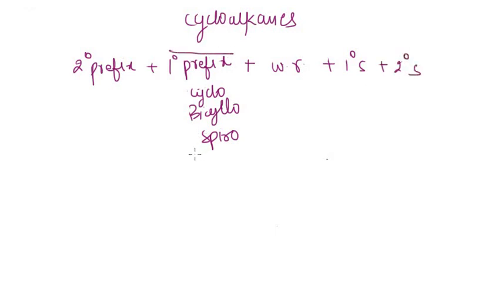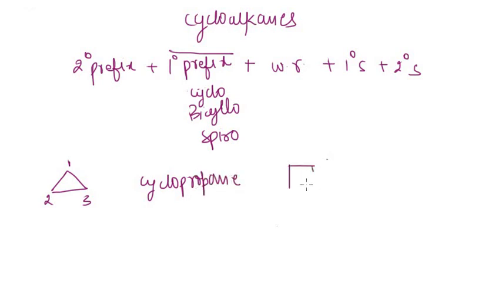Here we use the word cyclo when the chain is non-terminal. It is a non-terminating chain. So if we take 1, 2, 3 carbons, it is propane, so it is cyclopropane.